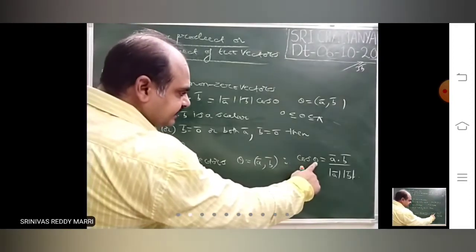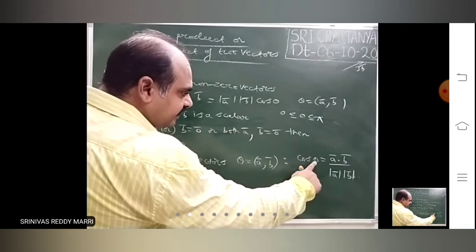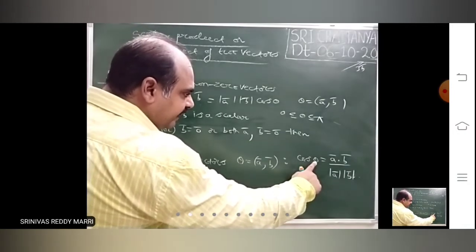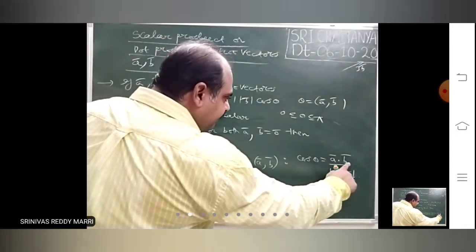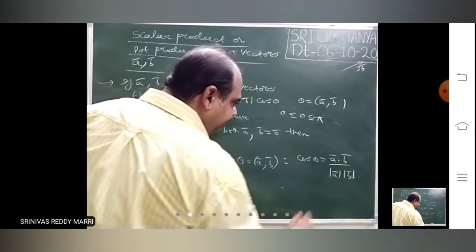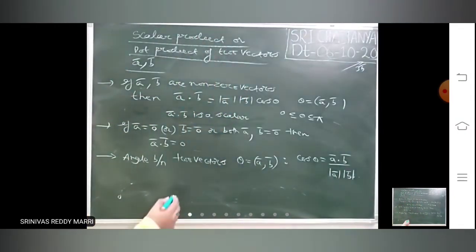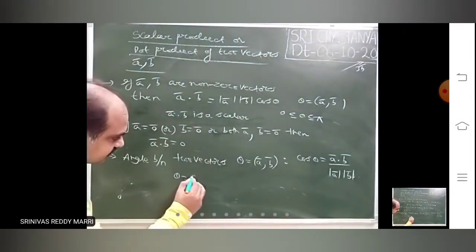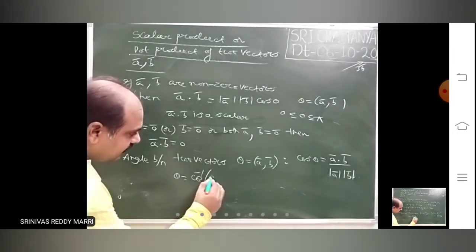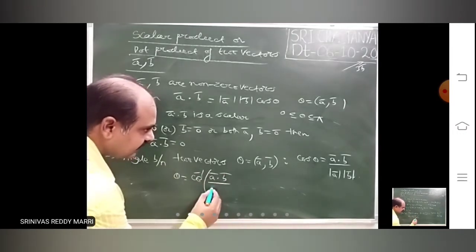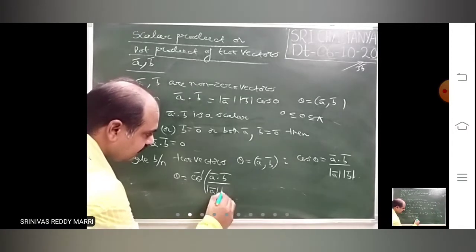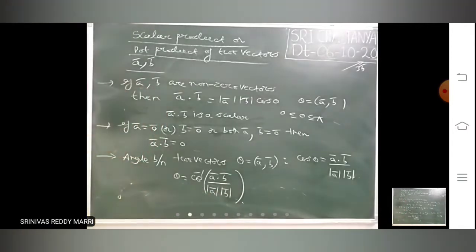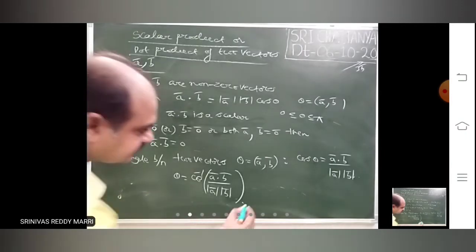So theta is the angle between two vectors. Whenever you want to calculate the angle between two vectors, take their dot product divided by the product of the magnitudes of the two vectors, or theta equals cos inverse of that. So this is the angle between two vectors.